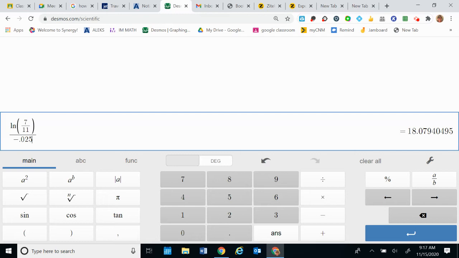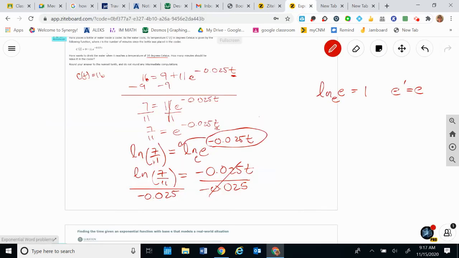And the answer is 18.079. Ooh, trick question. It's slightly over 18 minutes, because t was in minutes, correct? So t is 18.07, and round it, but it's slightly over 18 minutes.